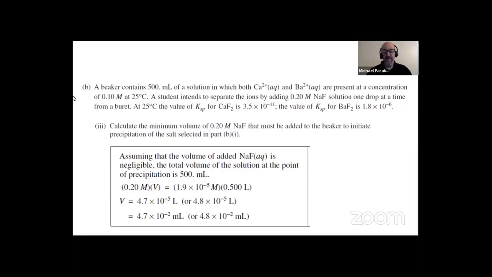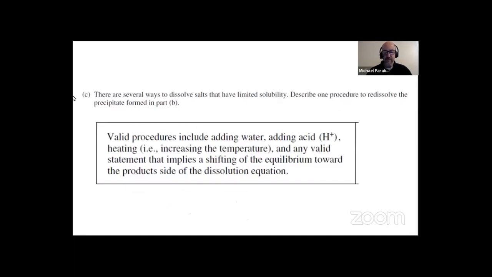All right, there was a part C of this homework question, and it says, there are several ways to dissolve salts that have limited solubility. Describe one procedure to redissolve the precipitate. One way to redissolve a slightly soluble salt is to add more water. Another way would be to heat it up, increase the temperature.